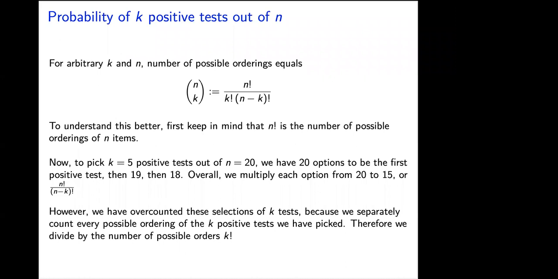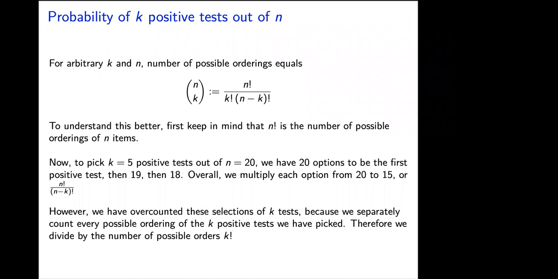But at this point, we've actually overcounted the number of selections, because we've separately counted every possible ordering, since we've asked, what's the first test? What's the second test? We don't care. We just know what the total number of tests that are positive is. So we only care about the total selection of tests. We don't care what order we've picked them out in.